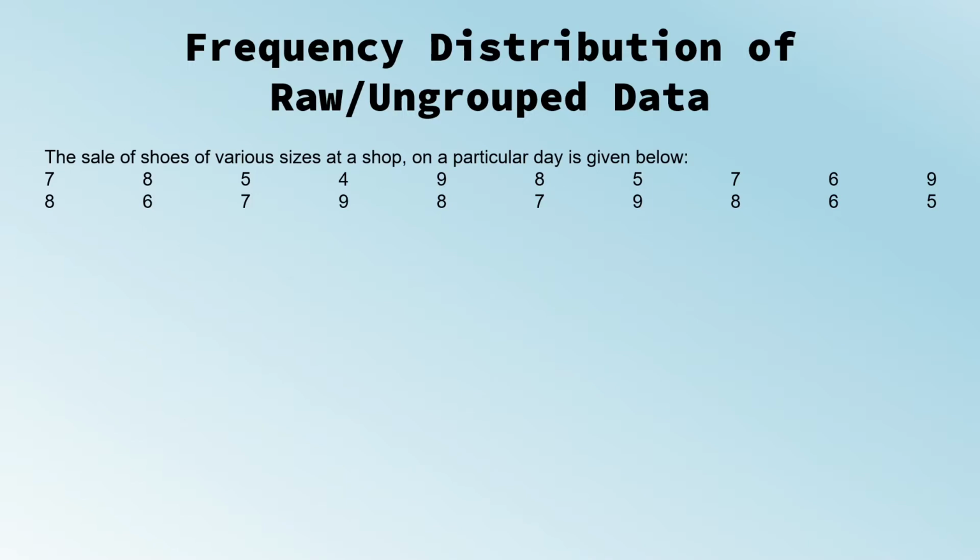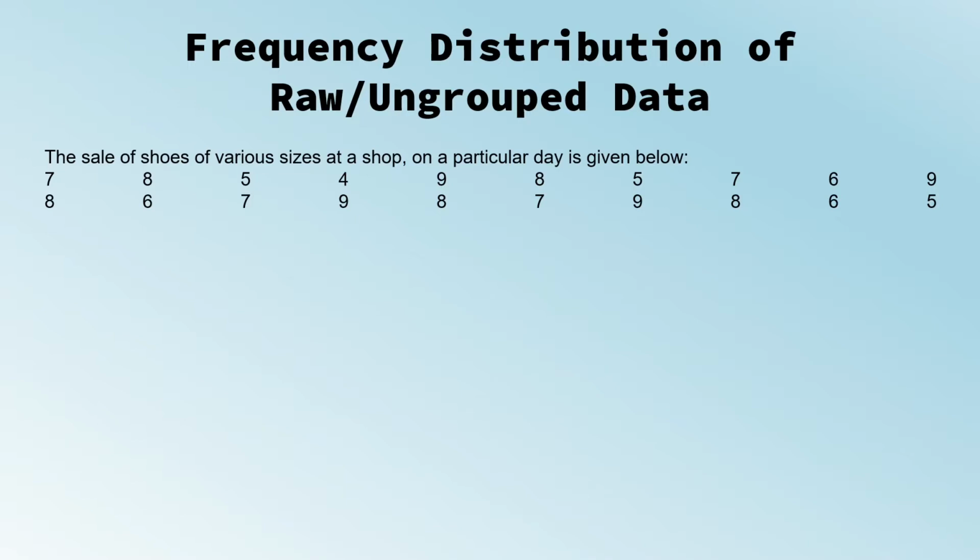All these are sizes of shoes that are sold on a particular day at a shop. So we are directly noting down the size of the shoes which is sold. Such type of data collected is called raw data.